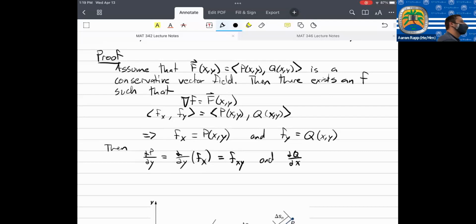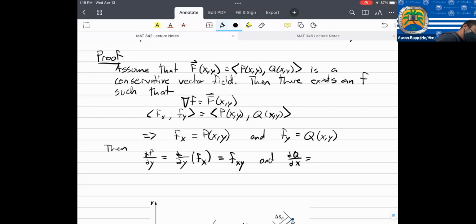But then if I take the partial with respect to x of the function Q, really that's just taking the partial with respect to x of the partial with respect to y of the function f. And what do we remember about mixed partials? It didn't matter what order we did it in.